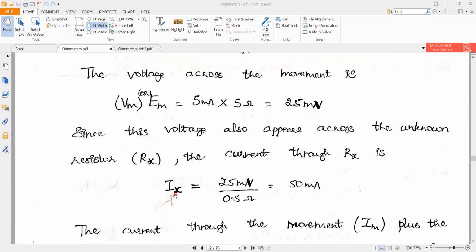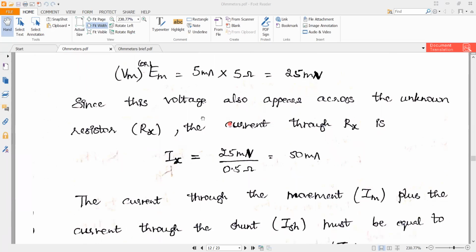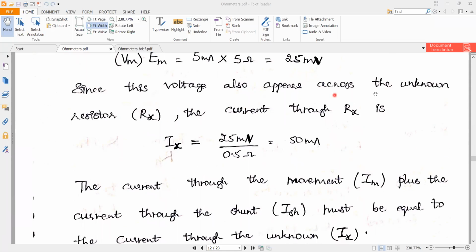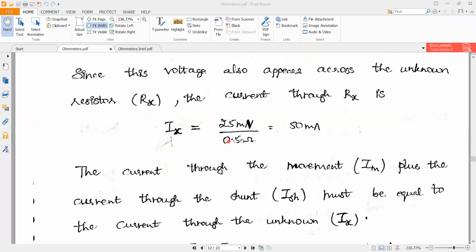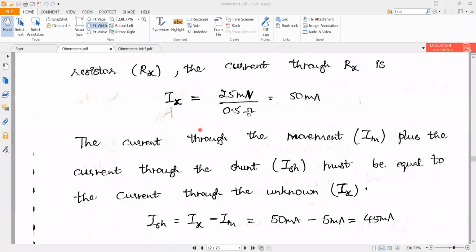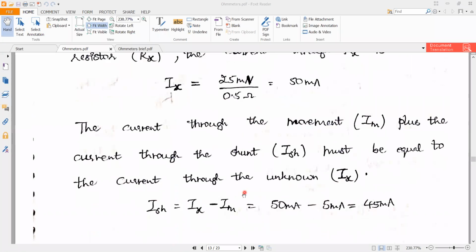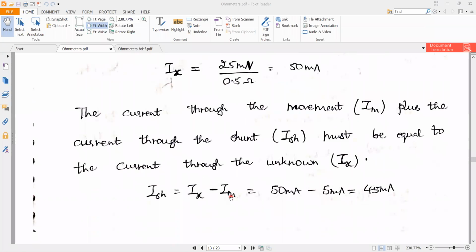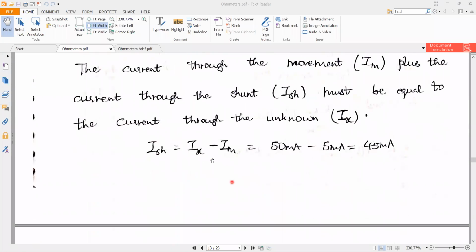Next, the Rx value, the unknown resistance. The voltage also appears across the unknown resistance Rx. The current through Rx is given by Ix, and I is equal to V by R. By substituting those two values, I can obtain the Ix value here. Then the shunt current is given by Ish is equal to Ix minus Im.